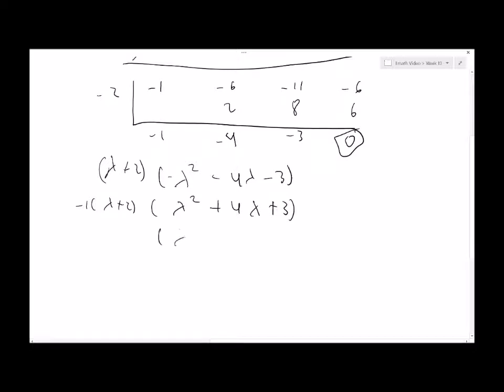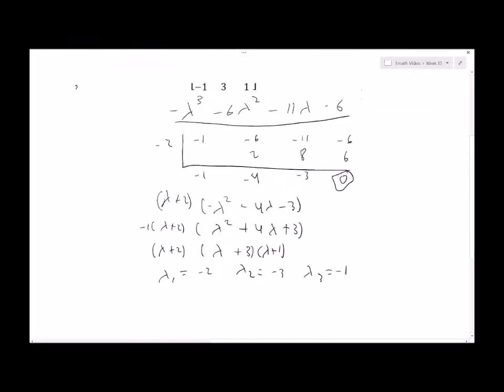So this would be lambda plus 3, lambda plus 1. Then eigenvalue 1 would be negative 2, eigenvalue 2 would be negative 3, eigenvalue 3 would be negative 1. Alright, so now we have our 3 eigenvalues.